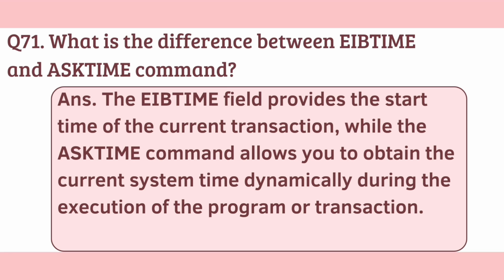The EIBTIME field is useful for tracking the duration of the transaction, while the ASKTIME command is used to retrieve the absolute system time for various purposes.